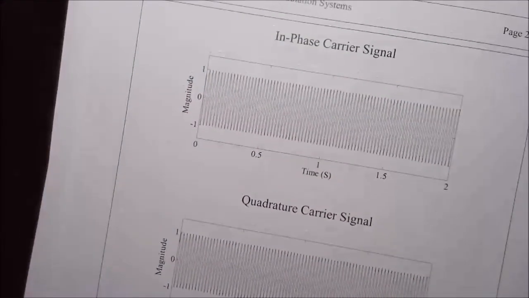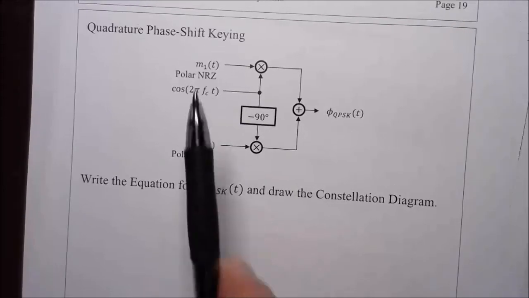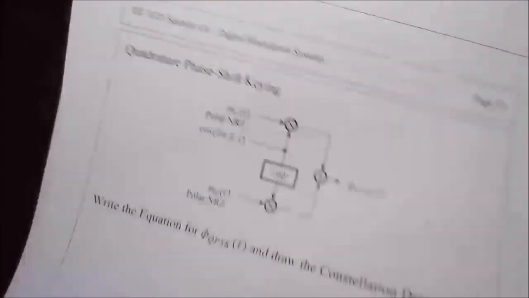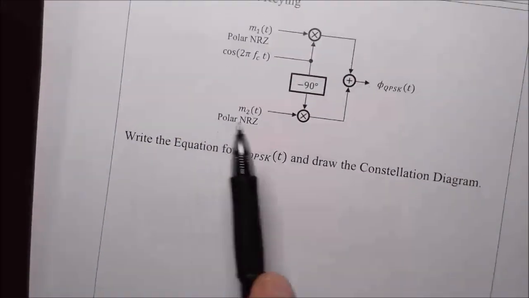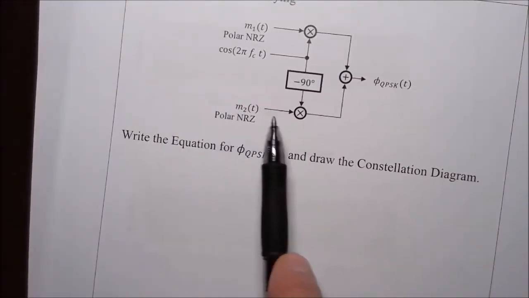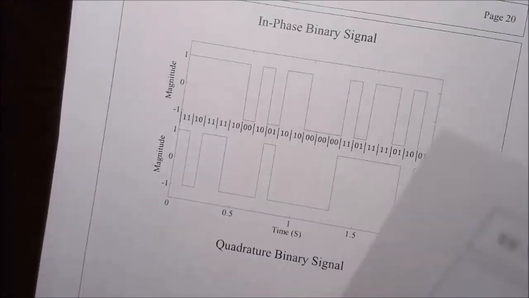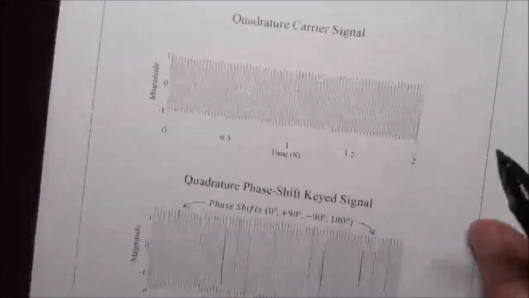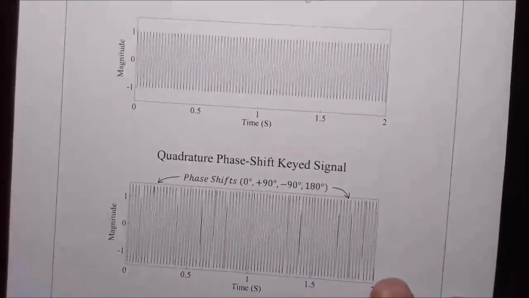The in-phase carrier is mixed with the in-phase binary signal. The quadrature carrier is mixed with the quadrature binary signal, and the two signals are added together. And then the result is shown on the bottom of this page.